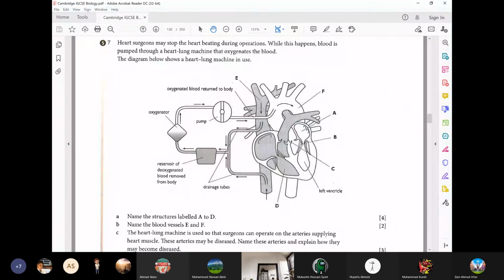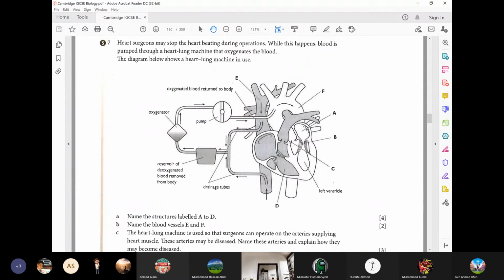Right, boys? So they take the veins and put them into the heart, bypassing the area which is blocked. During this whole surgery, they will shut down the heart. They will stop the heart from beating because they are performing surgery.